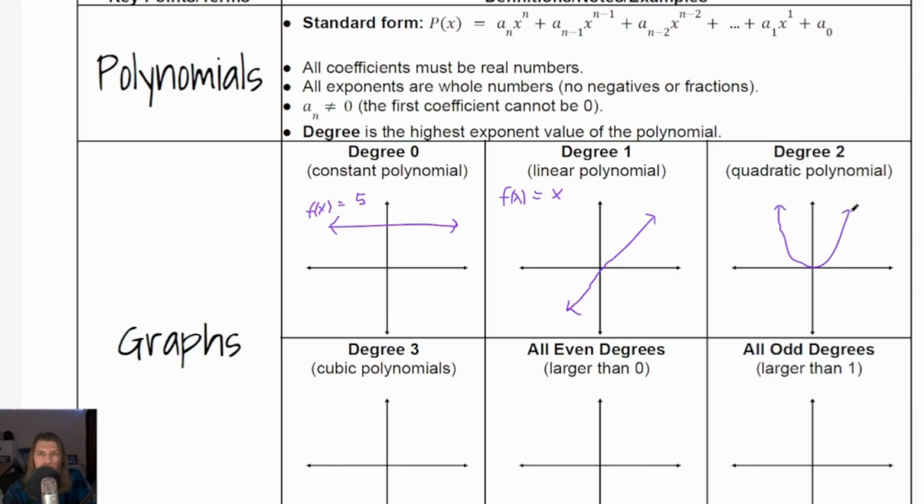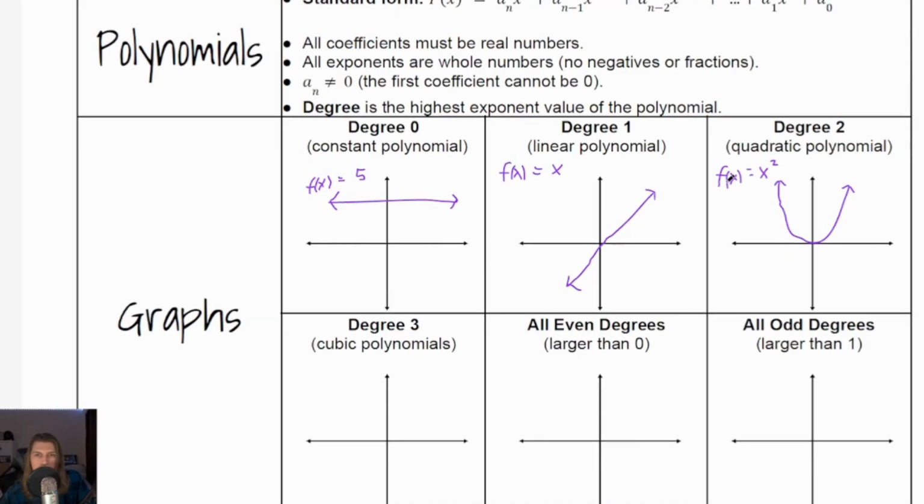I haven't figured out this board yet, but it makes a parabola. So if we wanted to know what this function was, it is f of x equals x squared. Notice how we are not adding x or our constant or anything. These are just the base forms of the graph.